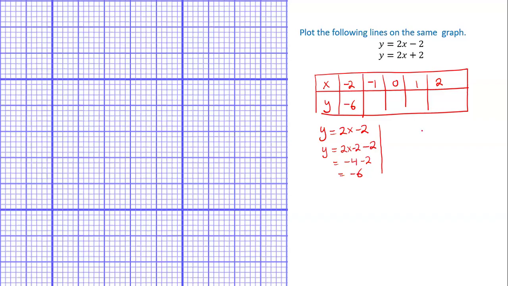Yes, Teddy. y is equal to 2x minus 1... 2 times -1, minus 2, which will give us -4. Okay, that is good.